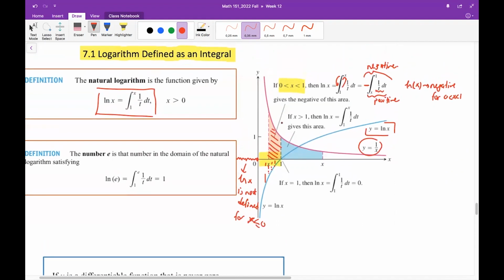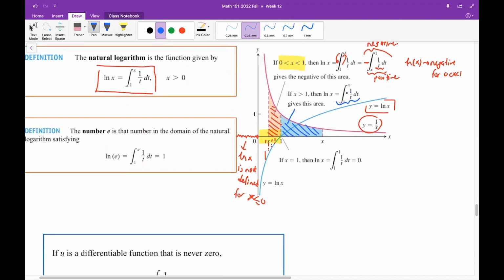And if x is bigger than 1, then this integral corresponds to the area under this curve over the interval 1 to x. So this time, this integral corresponds to this area, okay? And the values are positive, obviously, as it is this area.